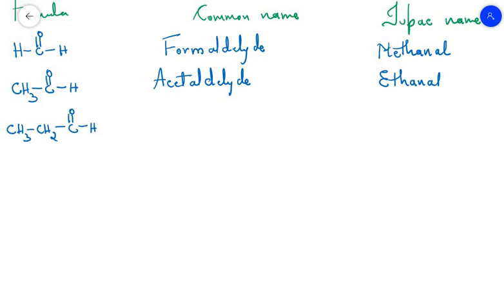Three carbon atoms, so the name of this compound is propionaldehyde, and the IUPAC name becomes propanal.